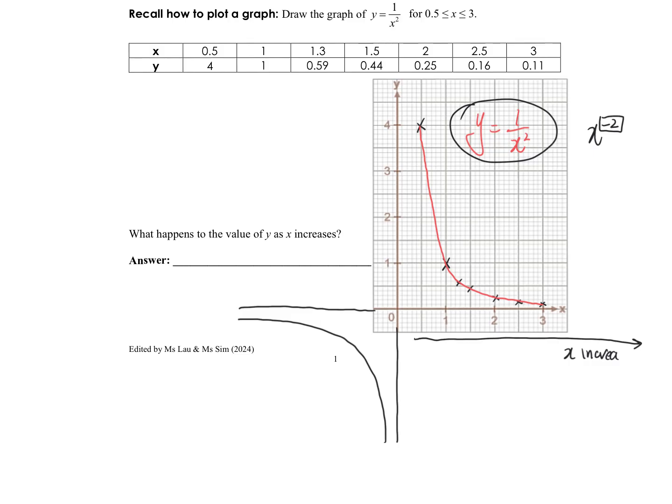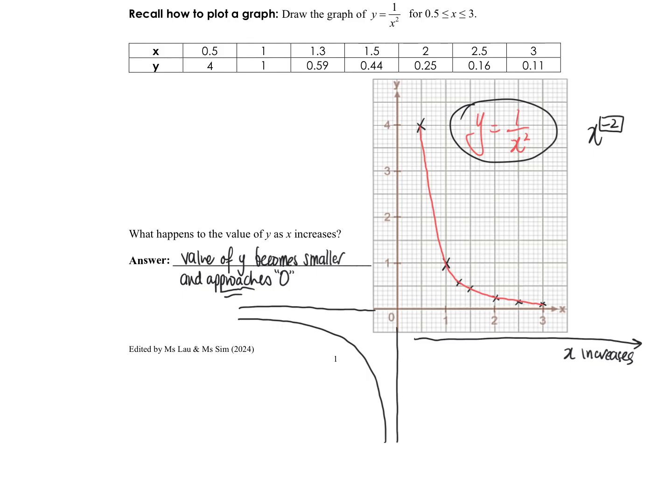So you can say that the value of y becomes smaller and approaches 0. Okay, the key word is approaches. Approaches means it will go infinitely very, very near to 0, but it will never touch it.